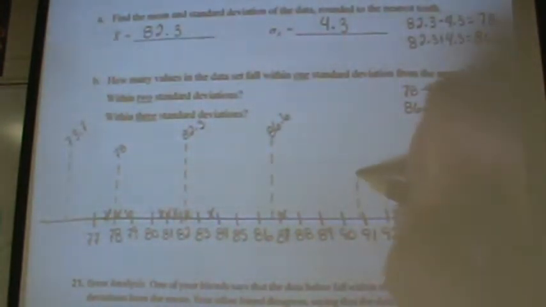So again, we want to plot those now. 73.7 is going to be off of our graph. So we'll just put it over here and say that that's 73.7. And then 90.9 is almost to 91.